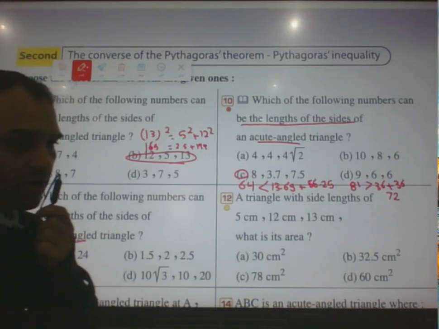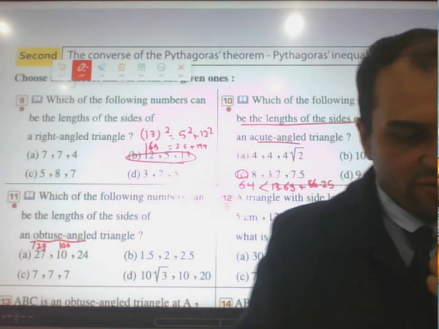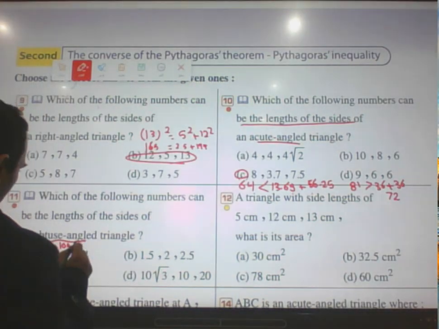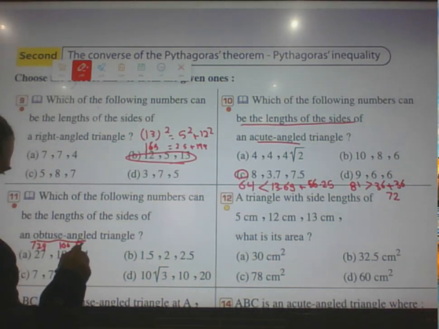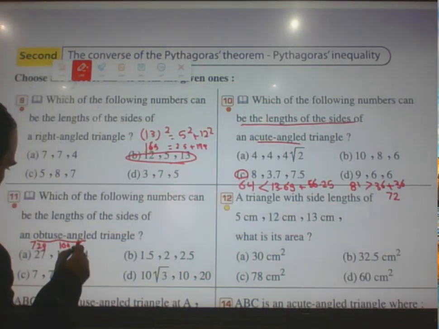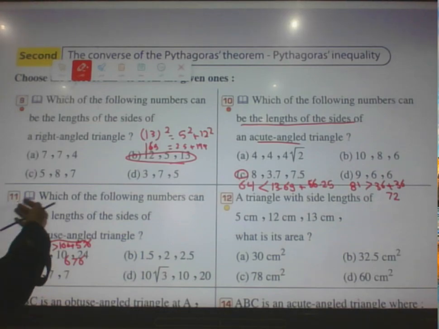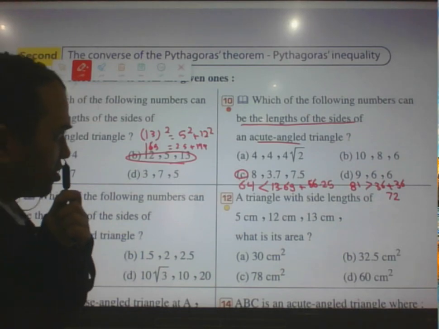And 24 squared, we can write 24 times 24, it will be 576. You can collect together. If you collect, it will be 676. Then 729 is greater. So you must choose letter A to get an obtuse angle triangle. Choose letter A. Okay, next question.